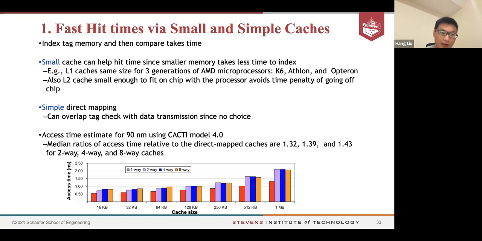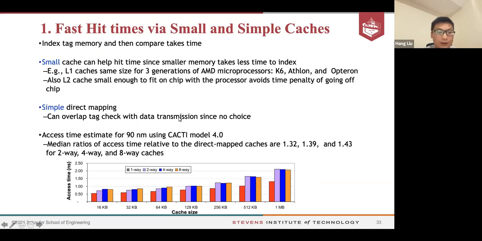Well, we can use simple direct mapping. This is also what we mentioned earlier in this lecture, basically the last part. We said if we have more blocks in a set, then we're going to need more electronics and more comparison logic, right? So if we use simple direct mapping, the checking of the tag and the data transfer can be done in parallel, because no matter whether it's a hit or not, we only have this one single block to transmit the data, right?